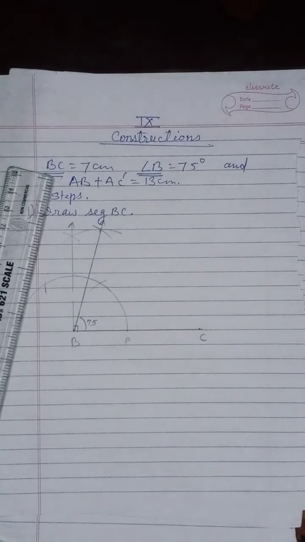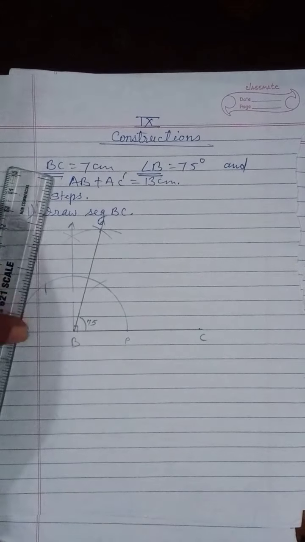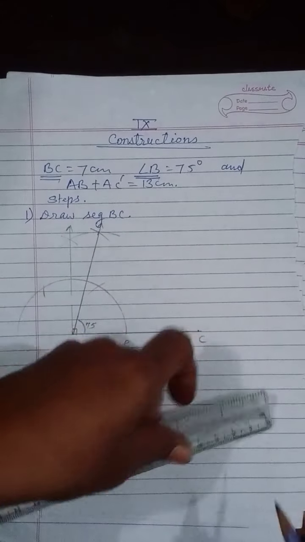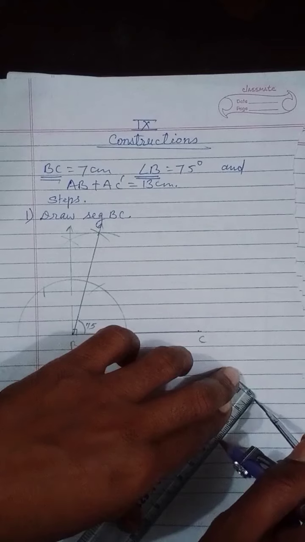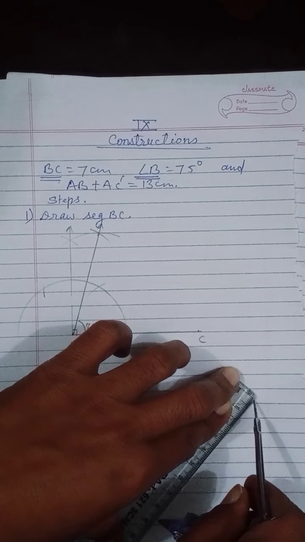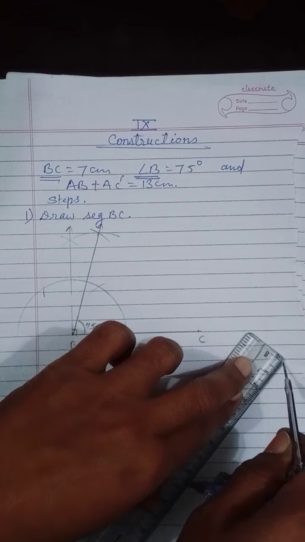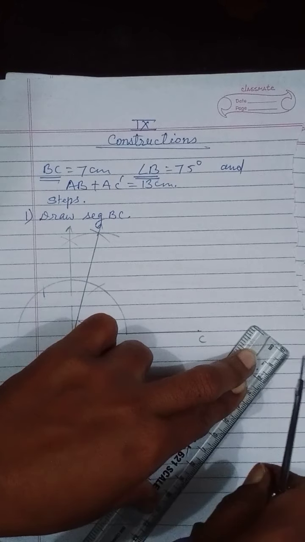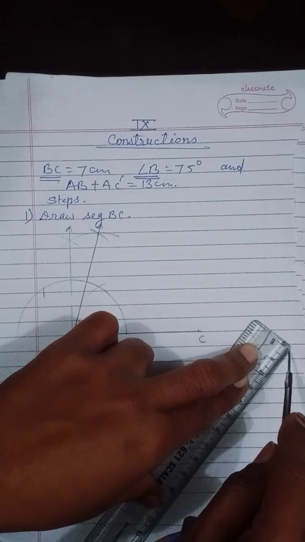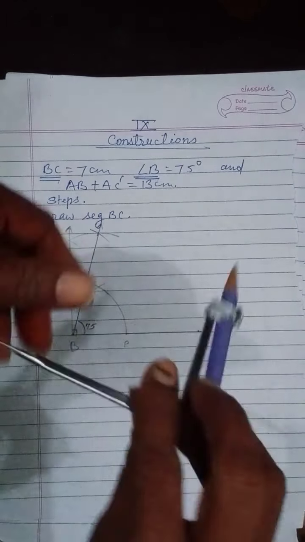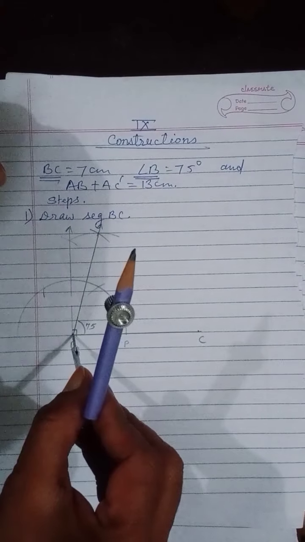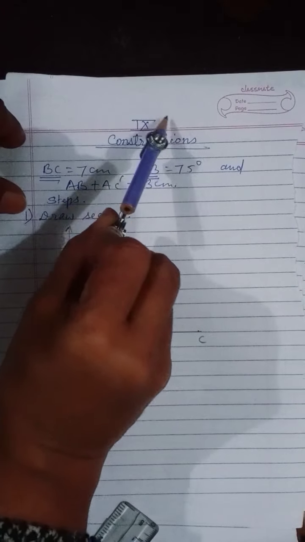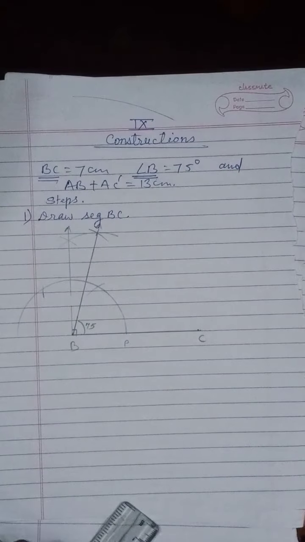AB plus AC is of 13. Now take 13 centimeter distance in a compass and draw the arc. Okay, and join this line.